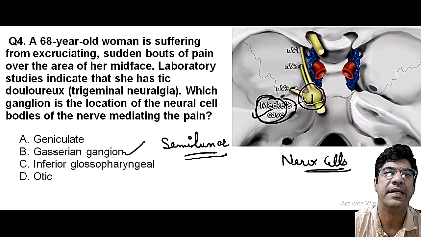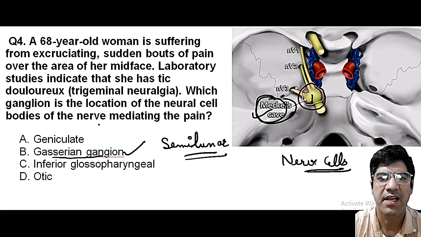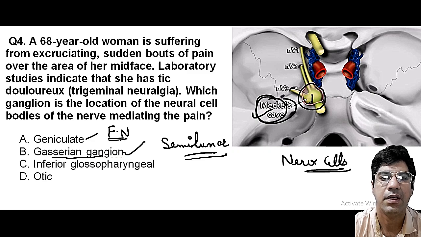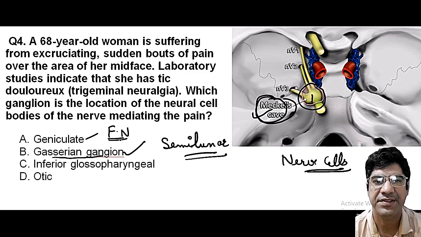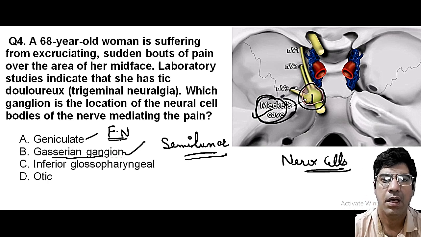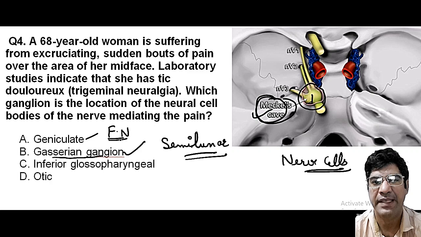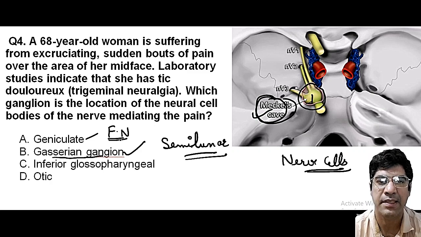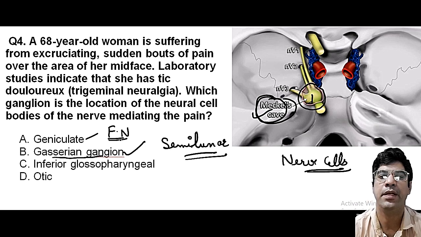So your answer here is the Gasserian ganglion. Option A, geniculate ganglion. It is associated with the facial nerve. It contains the cell bodies of sensory neurons for taste sensation from the anterior two-thirds of the tongue, so it will not be associated with the pain of trigeminal neuralgia.